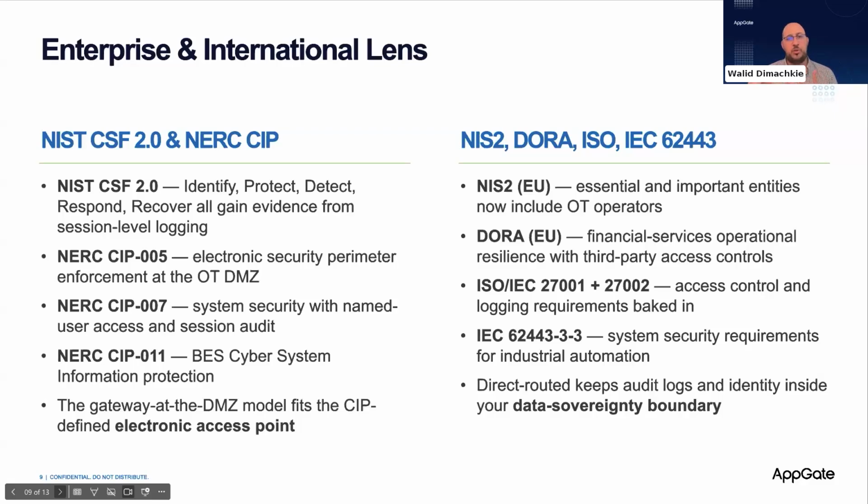And on the other side, we have some EU standards and regulations like NIS2 and DORA. We have some international standards. Again, we mentioned 62443 and ISO 27001. Those are, again, things where the requirements play both ways, both on the asset owner as well as on the vendor and the provider of that information.